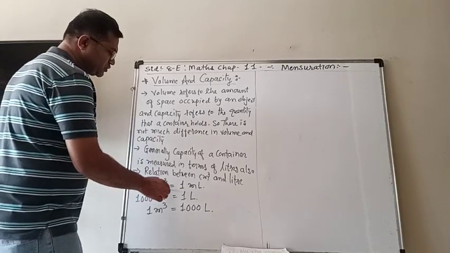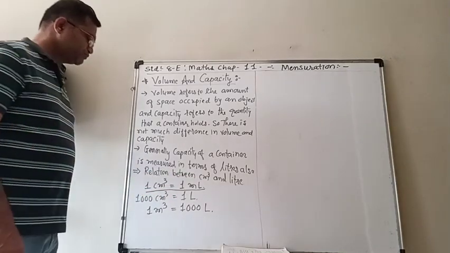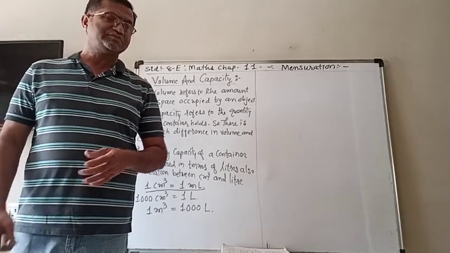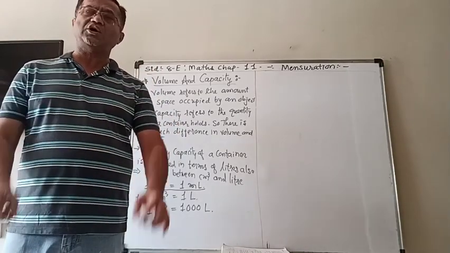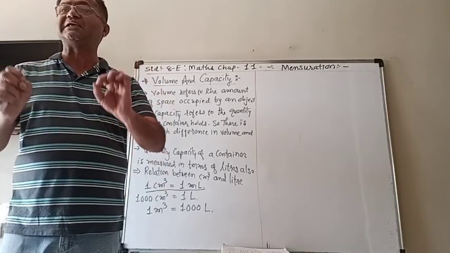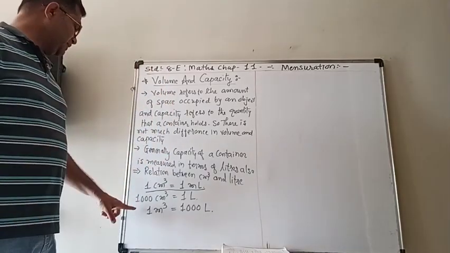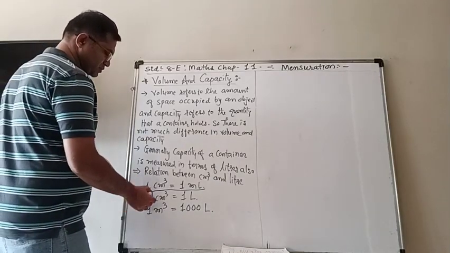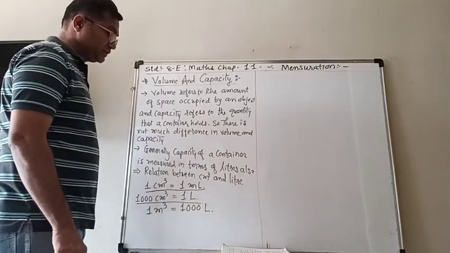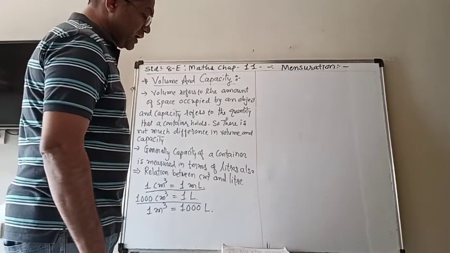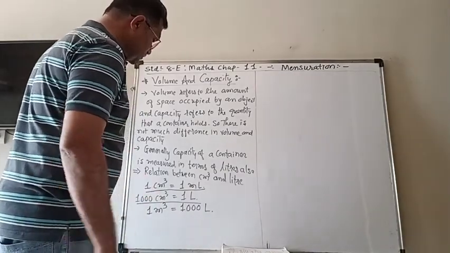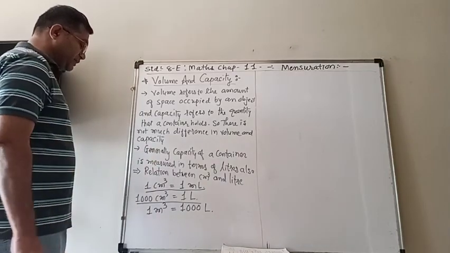1 centimeter cube is 1 milliliter. So if volume is 1 centimeter cube, then its capacity is also 1 milliliter. Similarly, 1000 centimeter cube is 1 liter. So when our answer is 1000 centimeter cube, if you convert it, it becomes 1 liter.